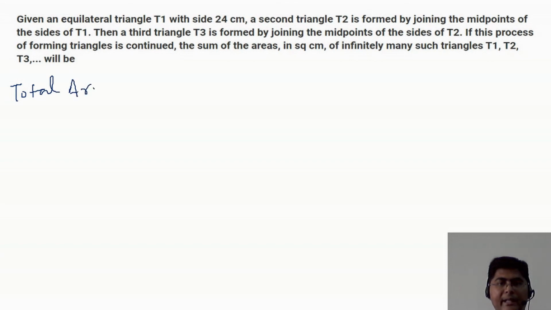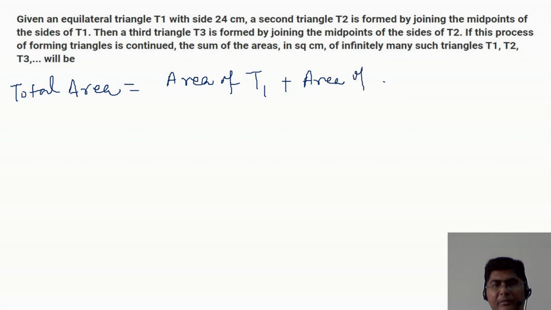Total area is area of T1 plus area of T2 plus area of T3 plus dot dot dot up to infinity.